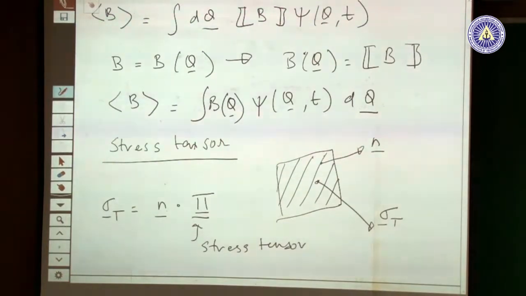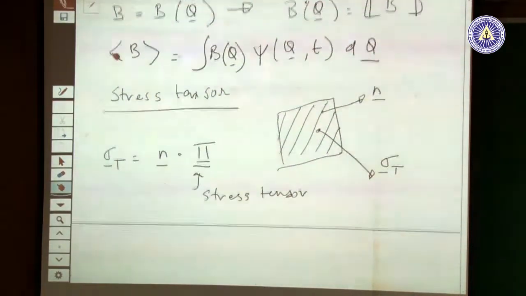The beauty of the stress tensor is it's essentially a storehouse of information. It's a matrix that contains some data, and if you dot this tensor with the normal you are interested in, it gives you the traction vector on that surface. So you do not have to store infinite information about all possible surface forces. All you need is this one stress tensor, and then you can find the force on any surface.